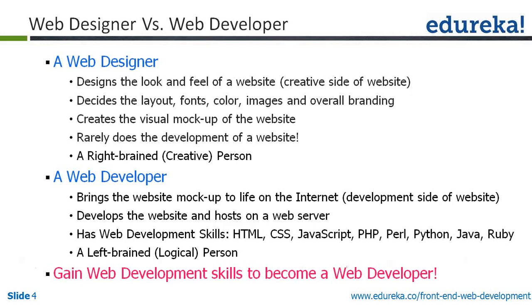Note that HTML, CSS, JavaScript are the three programming skills required for front-end web development. For back-end web development, you need scripting languages like PHP, Perl, Python, Java, Ruby, and nowadays if you host it on a Node.js web server, then you can do programming in JavaScript as well.